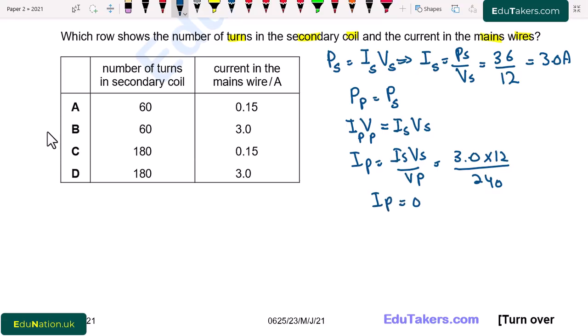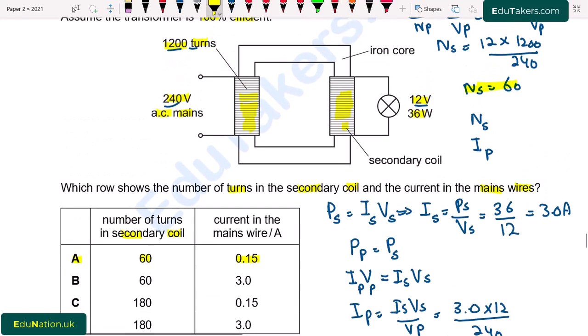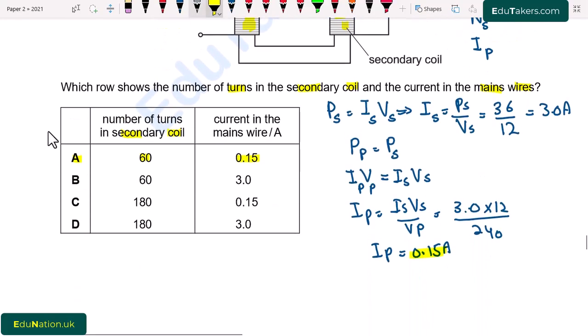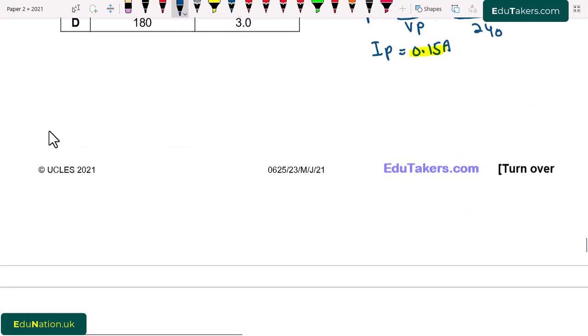So the value of current Ip will be equal to 0.15 ampere. So from here, number of turns in the secondary coil is given and the current in the main wire is given, which is measured in the ampere. So option A, 60 are the number of turns and 0.15 is the current. So our current is also 0.15 and the value of number of turns are 60. So from here, option A is correct.